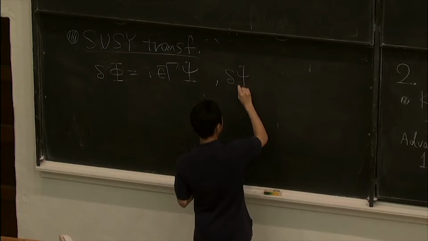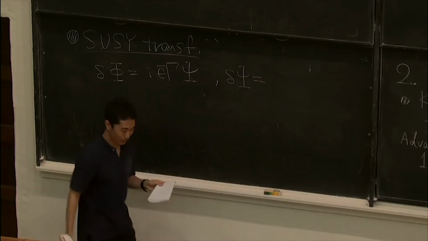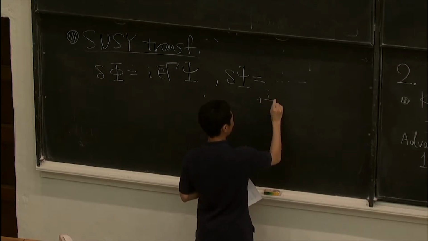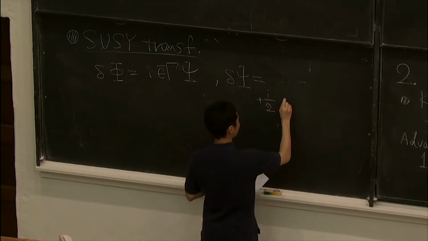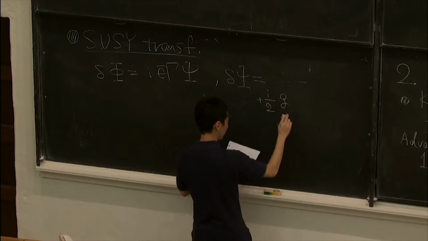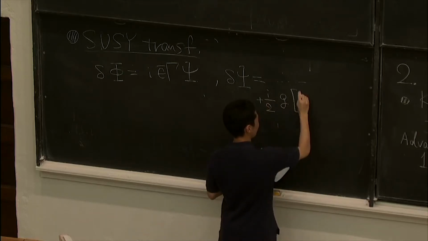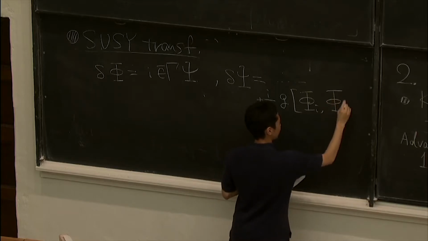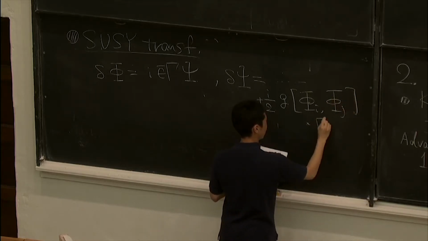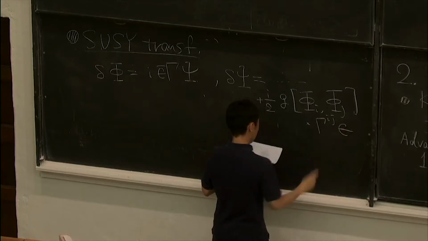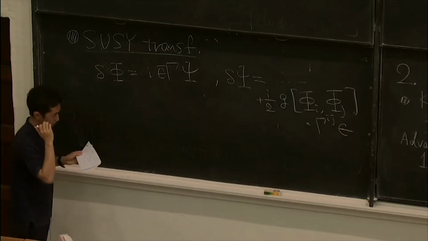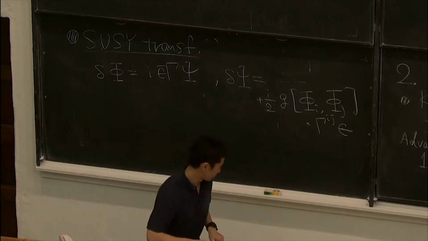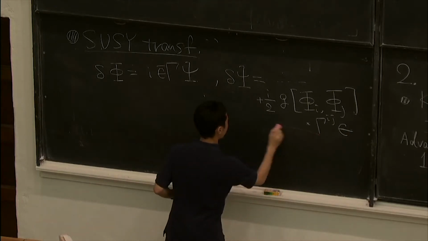And if you act with SUSY on fermions, then you typically get a bunch of terms. But what's important for me is this term, which is i over 2 times the coupling constant times some commutator of bosonic fields.